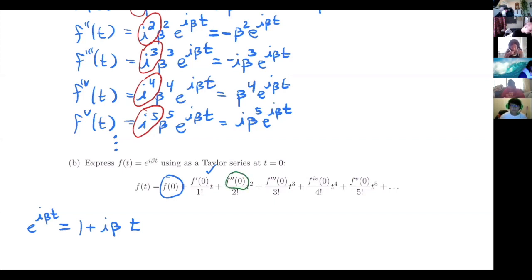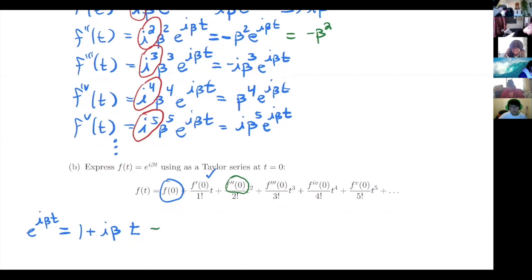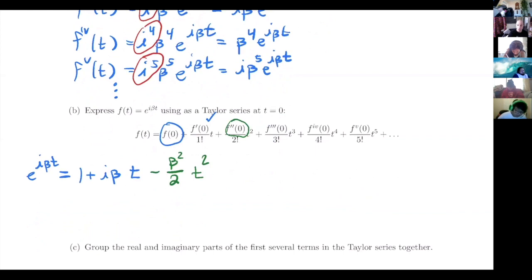And then for this one, f double prime of 0 would just be minus beta squared if I evaluate that at 0. So I get minus beta squared t squared over 2 factorial. And we can continue on in this process. So any questions on what we're doing here?